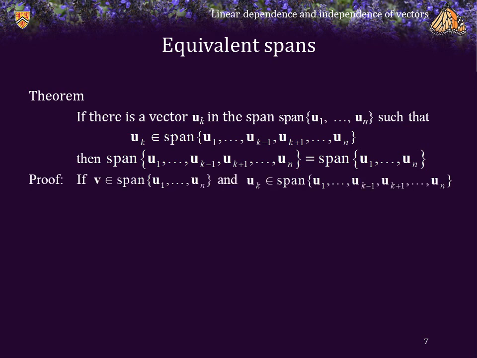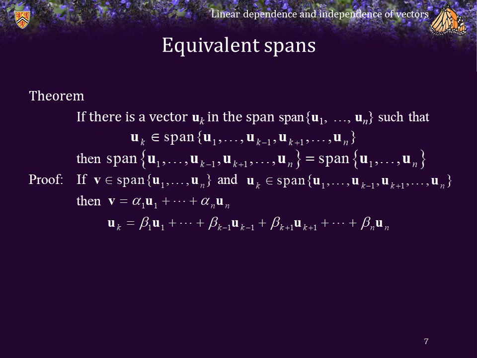Proof. Well, suppose v is an arbitrary vector within the span of u1 through un, and let us assume that u sub k is in the span of all other vectors, u1 through un, without u sub k. Well, in this case, we must be able to write v as a linear combination of the vectors from u1 through un, and we must be able to write u sub k as a linear combination of all other vectors u1 through un, ignoring u sub k.